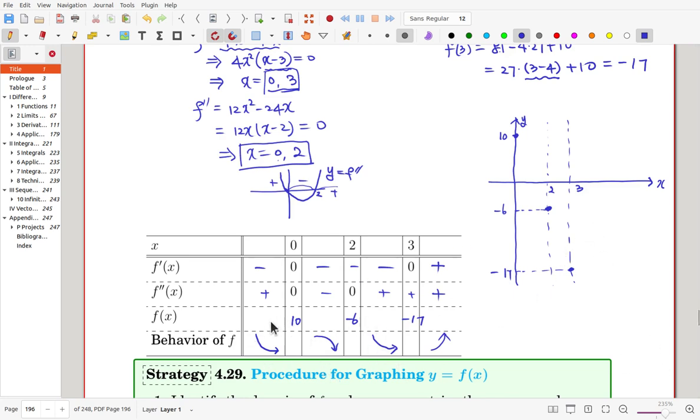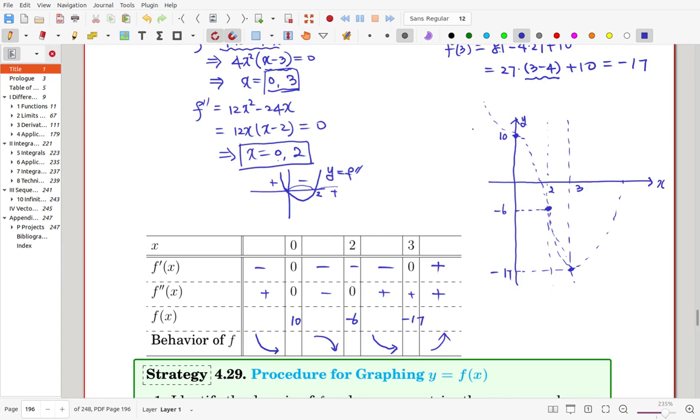So here, it is going down, and less than 0 is going down and concave down. Between 0 and 2 is going down but concave down. Now between 2 and 3 is going down but concave up, like that. And then the right side of 3 is up and concave up like that.